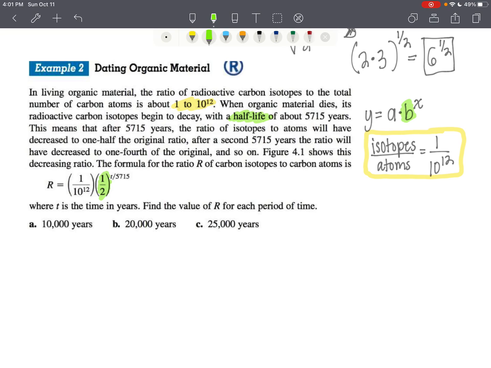So I'm showing you right here in our equation, and I'm explaining it to you. So here's our formula. This is what we're starting with. We're starting with 1 over 10 to the 12th power. So that's our initial value.